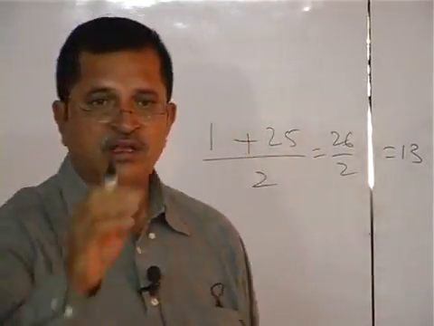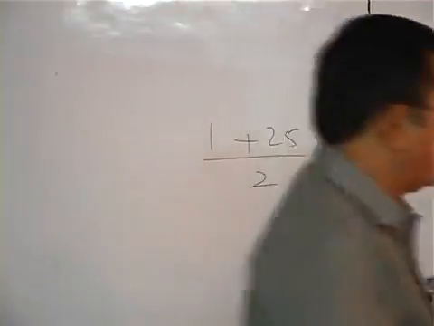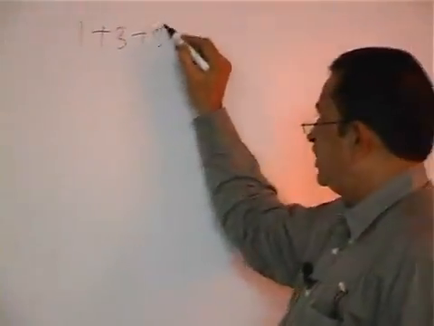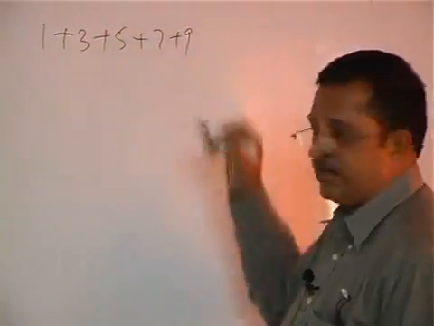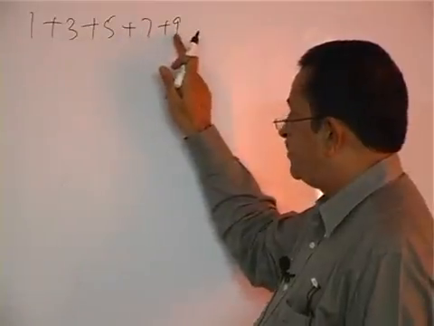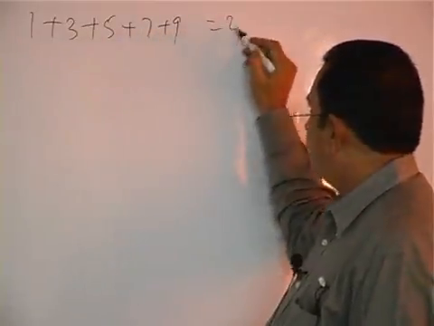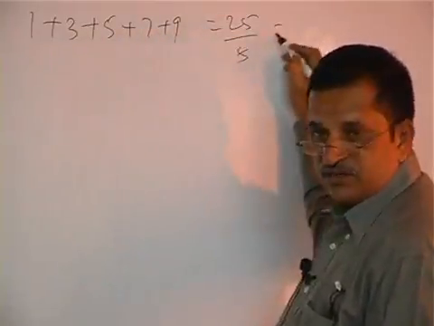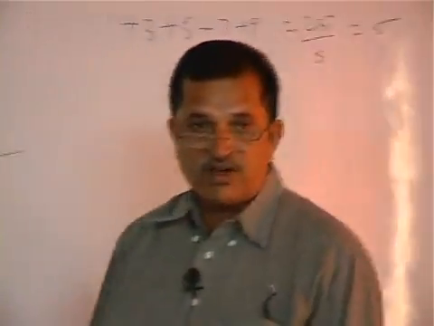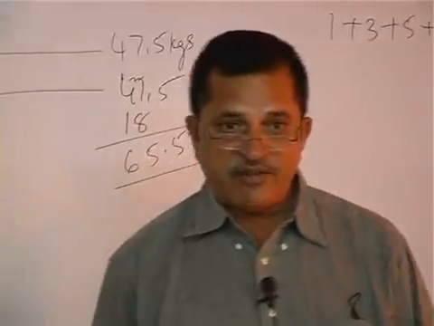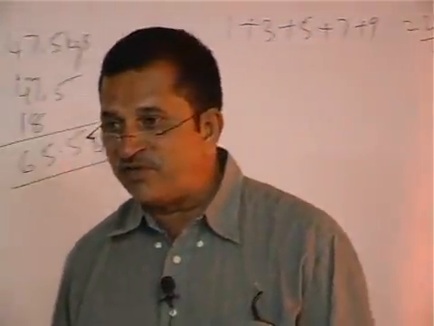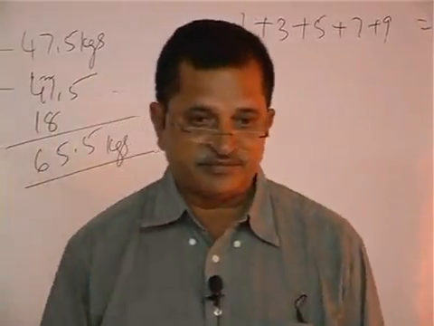I'll take the first 5 odd numbers. 1 plus 3 plus 5 plus 7 plus 9. 1 plus 3, 4 plus 5, 9 plus 7, 16 plus 9, 25. 25 by 5, is it not? 5. So the average of the first 5 odd numbers is 5. The average of the first 6 odd numbers is 6. So the average of the first 25 odd numbers is 25.